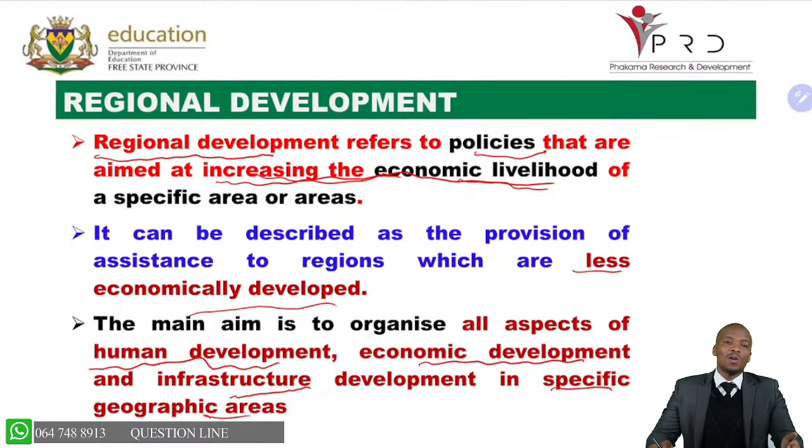This one talks to the issue of standard of living, economic development, infrastructure development, access to railway, access to roads, proper roads, access to water and sanitation under human and economic development.